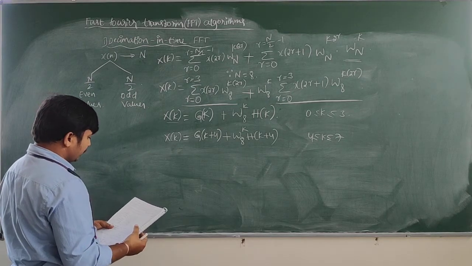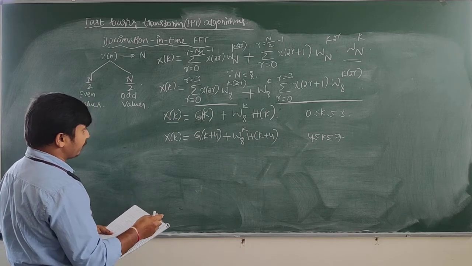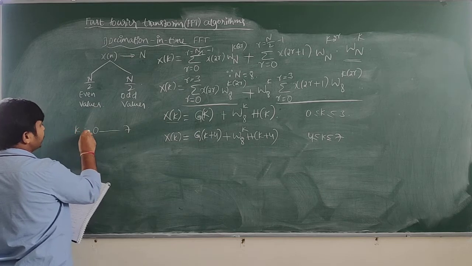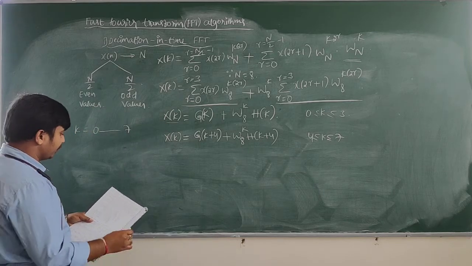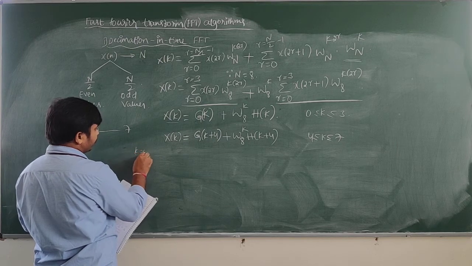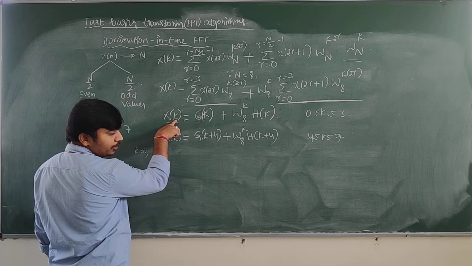Now give values for k from 0 to 7. I will put k is equal to 0 in this equation.